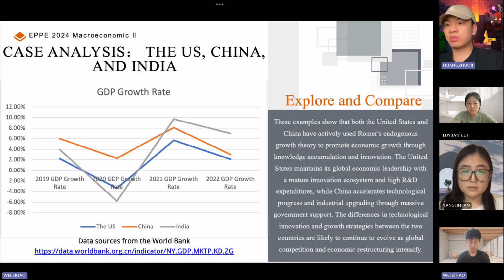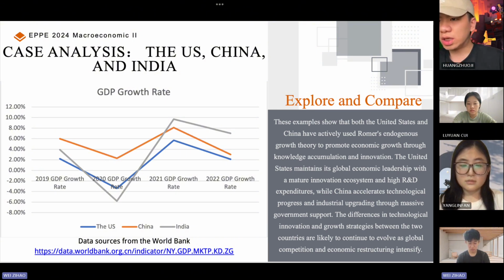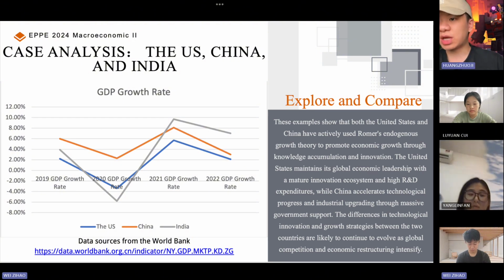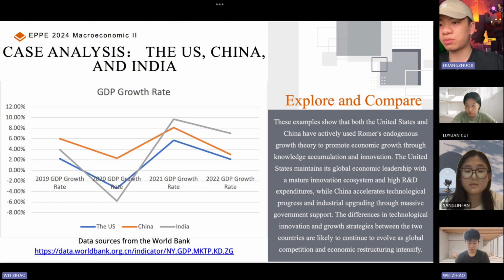The examples show that both the US and China have actively used Romer's endogenous growth theory to promote economic growth through knowledge accumulation and innovation. The US maintains its global economic leadership with its innovation ecosystem and high R&D expenditures, while China accelerates technological progress and industrial upgrading through massive government support.